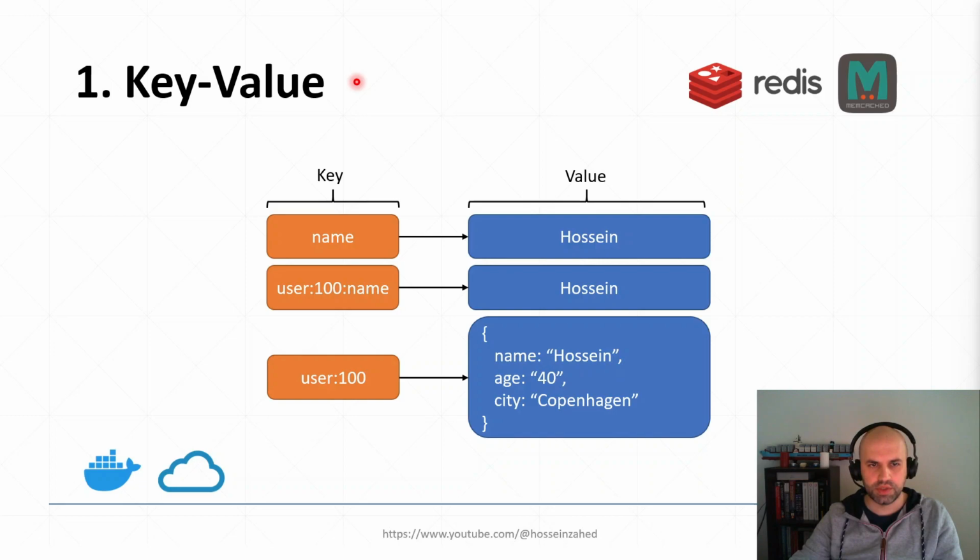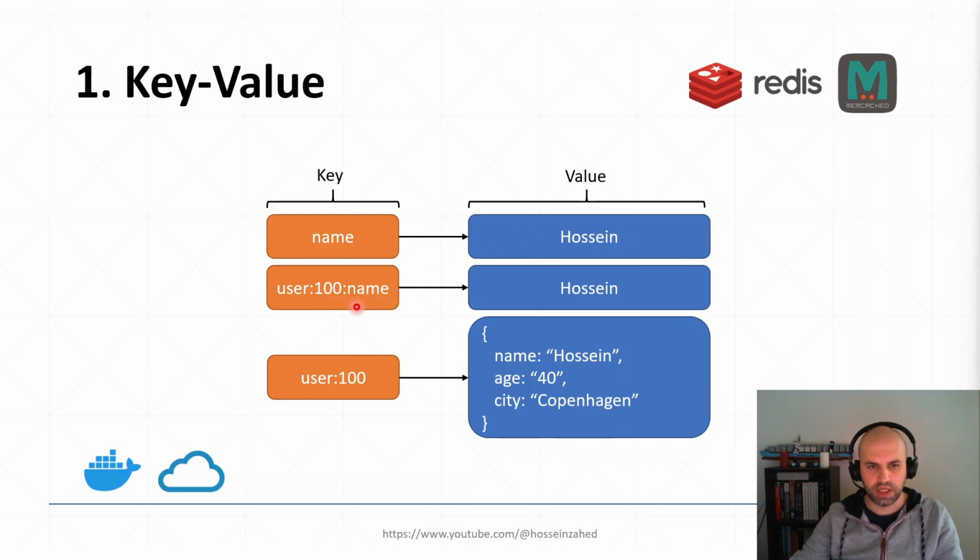The first paradigm is key value database. The idea is very simple. It is using a dictionary data structure to map a collection of keys to a collection of values. We can start with a simple key like name, which is pointing to Hossein.